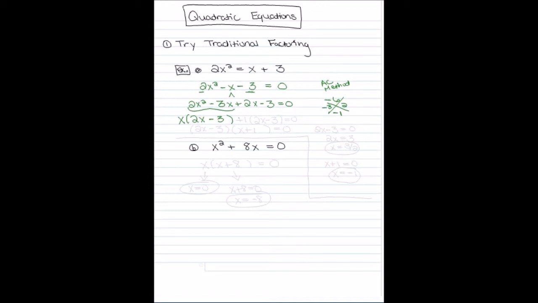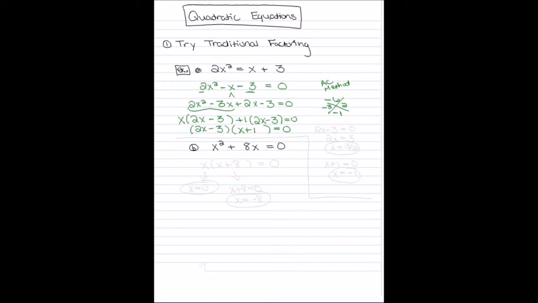Look at the first 2 terms, pull out a common factor, which is x. Then I look at the last 2, the common factor is 1. The parentheses look the same, so I bring the common factor out to the front, and I'm left with x plus 1. Now that I have this factored completely, I'm going to set each one of the factors equal to 0.